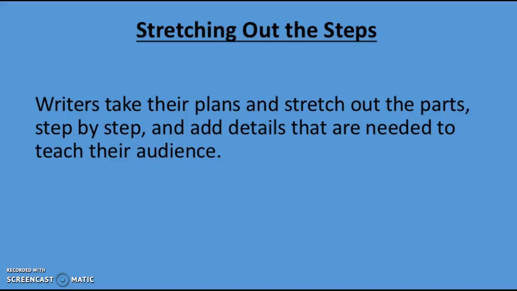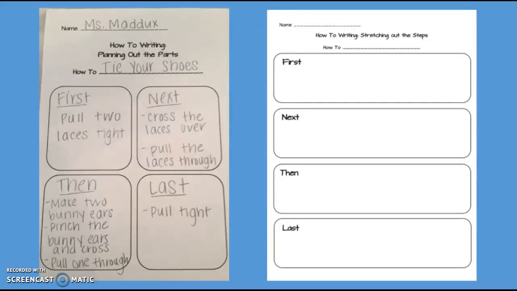So I'm going to look at my planning sheet, and then I'm also going to be using our stretching out the steps writing papers. Let's take a look at these. So I have my planning sheet that I have done. We used our brainstorming, we put them in the boxes and planned out the 4 main parts.